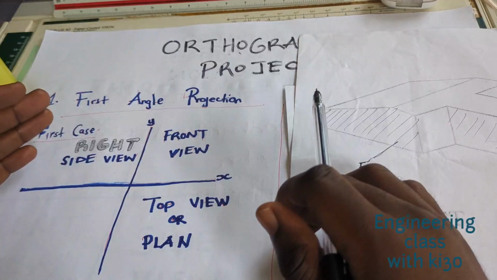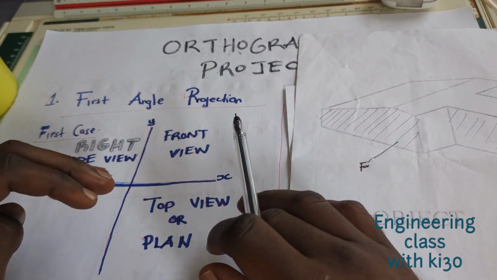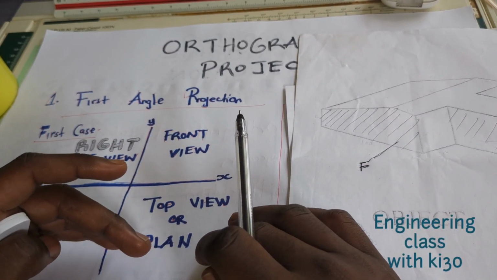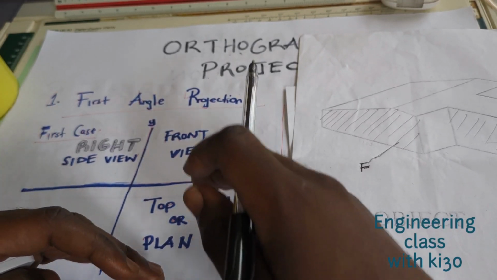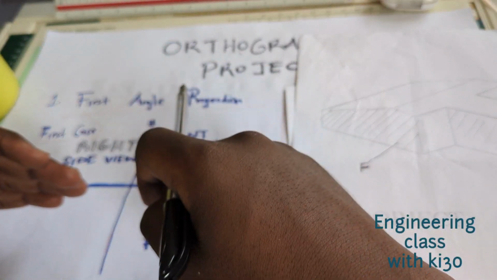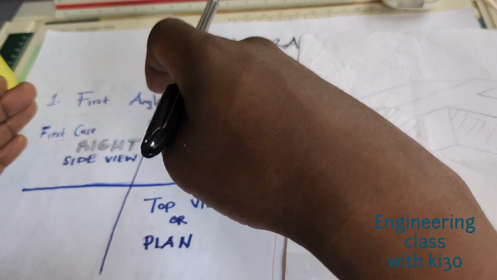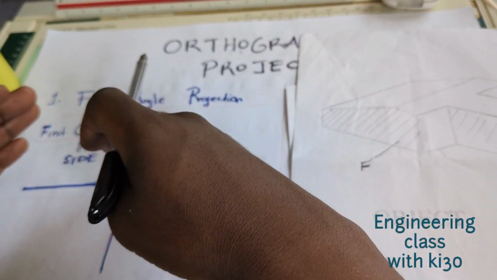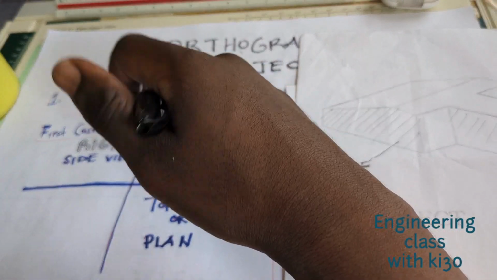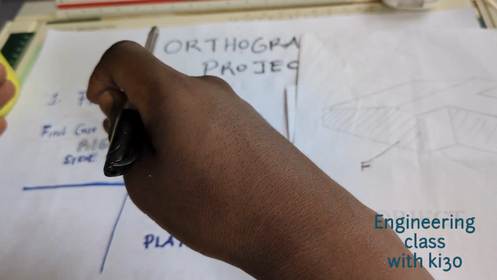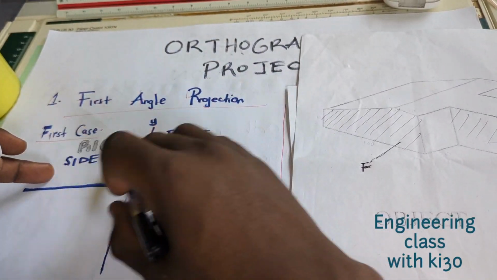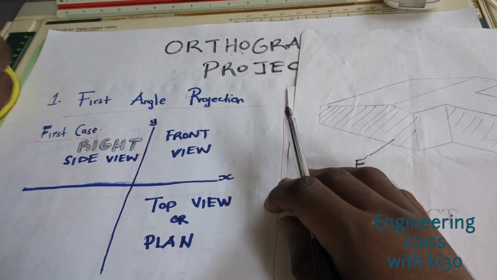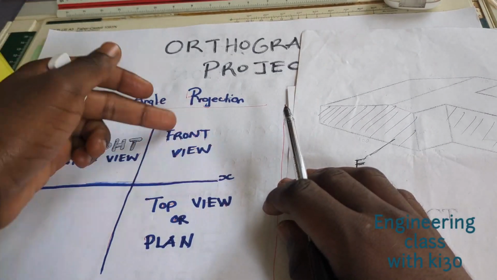In the first angle projection, normally the top view is always at the bottom of the Y and X axis, but the front is always at the top of the top view. Beside the front, we have the right side. So be aware that in the first angle projection, for the first case, when dealing with the right side view, we place it at the left side of your Y and X axis.